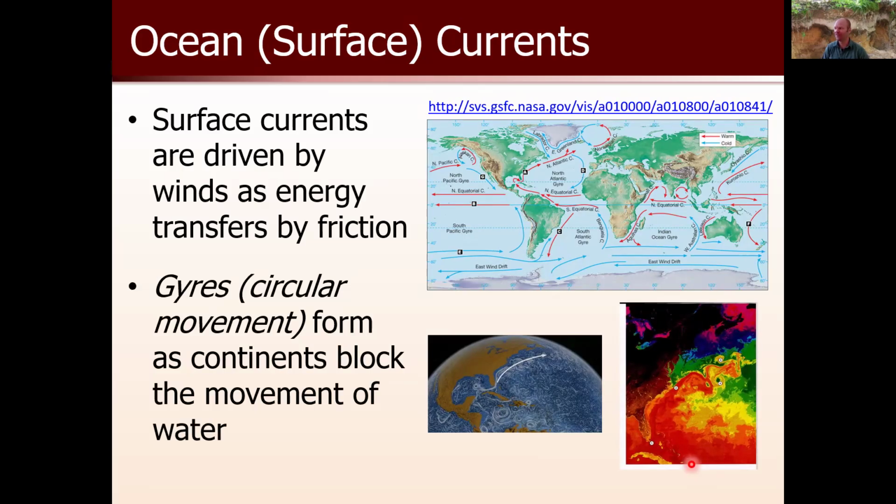Moving into, at least for a slide here, ocean currents. You could take a whole class on oceanography and even a whole degree if you really liked oceanography. But here, oceanography in about one slide, we can think about these large gyres, which are circular movements of surface ocean water, and they're really driven by those winds that we talked about earlier.